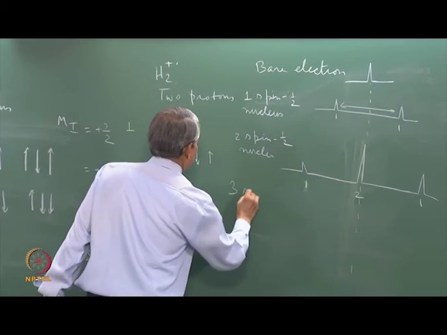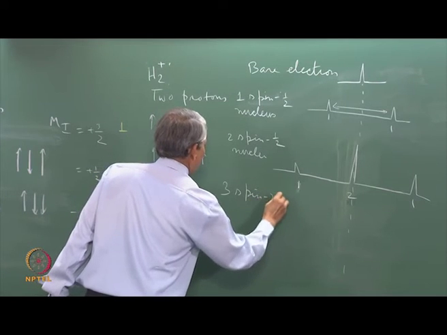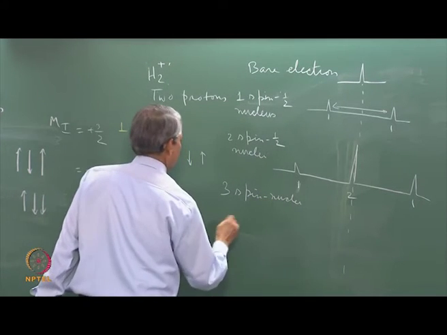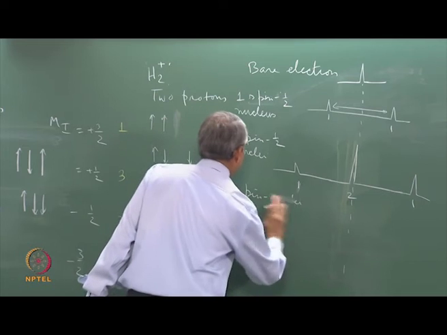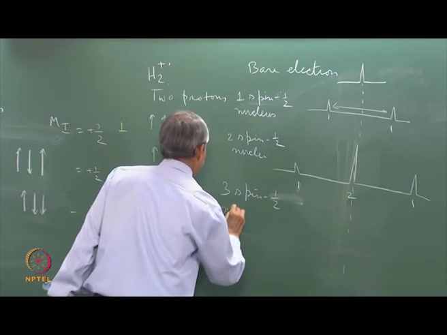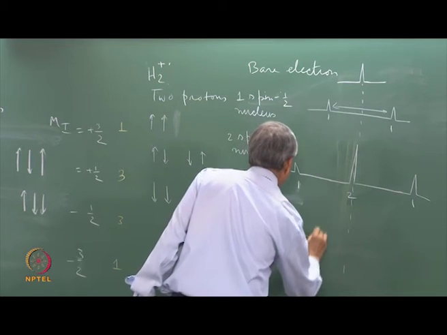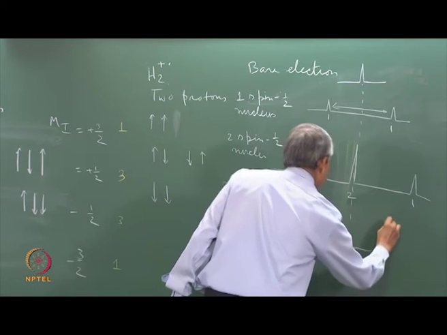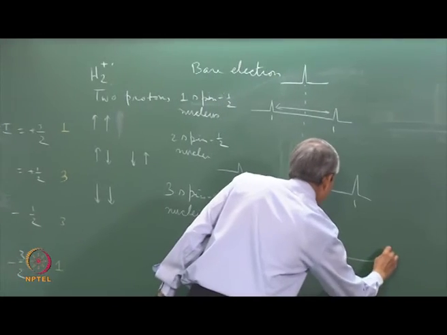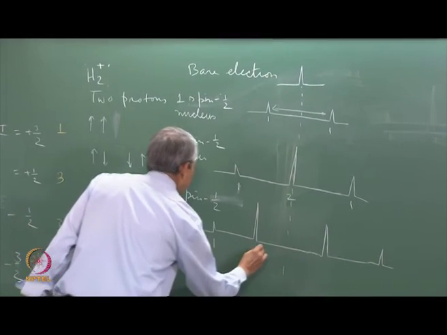If I have got 3 spin half nuclei, then I get a splitting which looks like this, 1, 3, 3, 1.